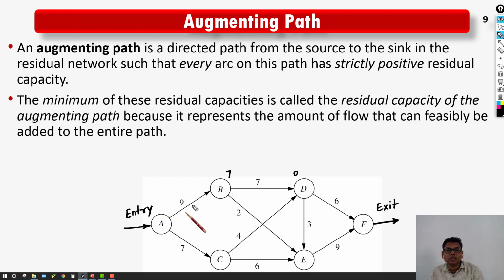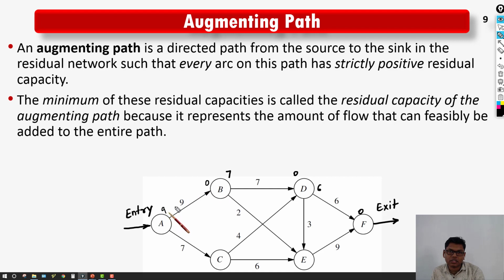So if there is such a thing on every link, let's suppose we take A, B, D, F. This is a path from entry to exit. Is it an augmenting path? See here, this is written 9, 0. This is 6 and 0. What is the residual capacity of this link?